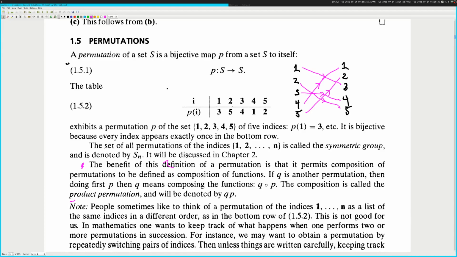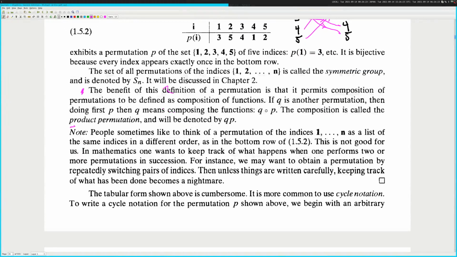Note, people sometimes like to think of a permutation of the indices 1 up to n as a list of the same indices in a different order, as in the bottom row of 1.5.2. This is not good for us. In math, one wants to keep track of what happens when we perform 2 or more permutations in succession.